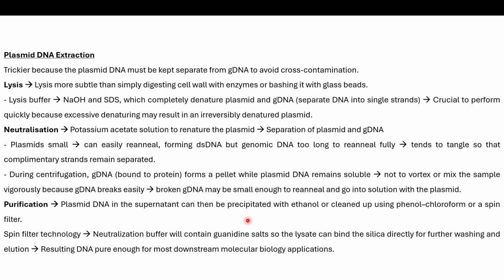No. So either you can use phenol chloroform, as we saw earlier, where DNA will come into the aqueous phase and other contaminants will move to the interphase or the phenol phase, or the plasmid DNA can be precipitated. How do you precipitate it? Using ethanol.